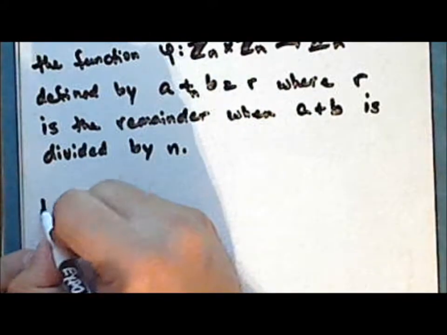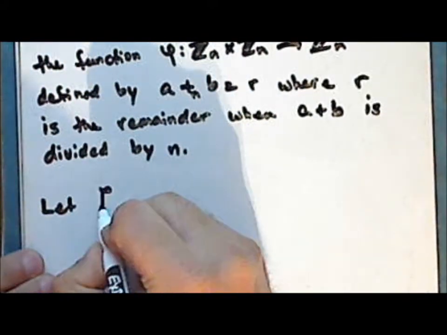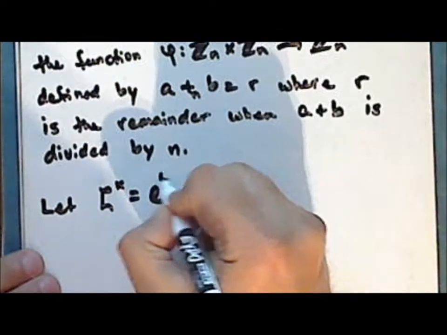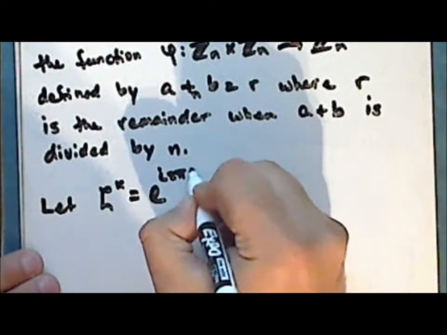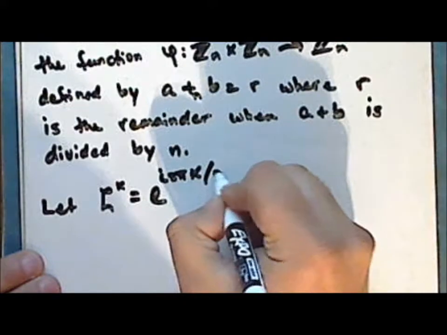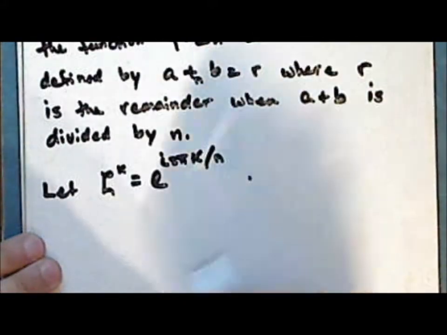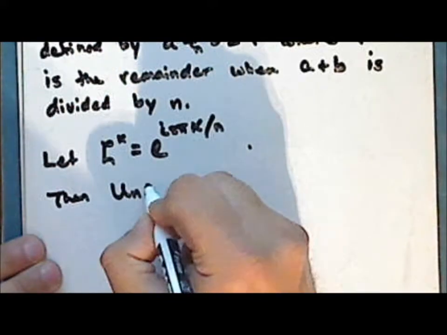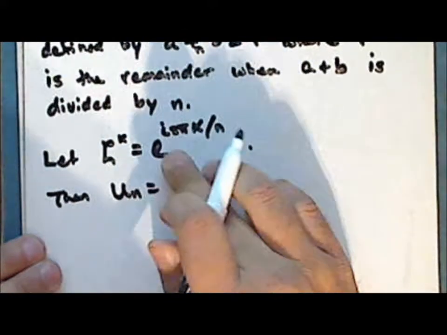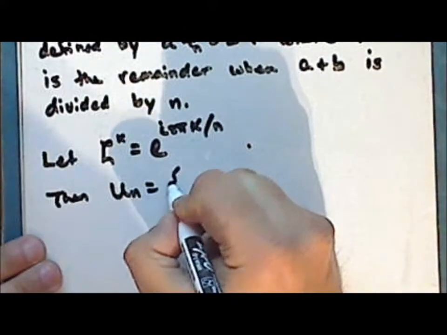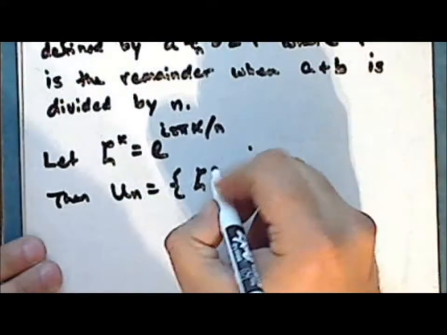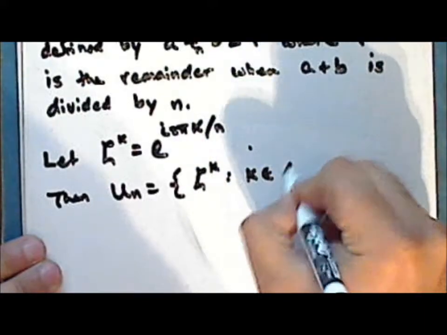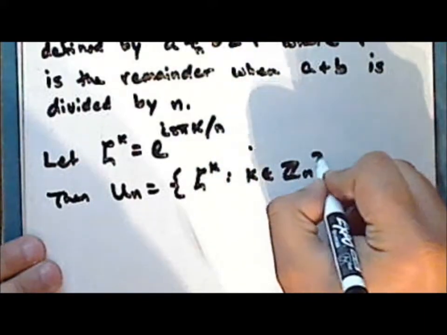Now, let zeta to the power of k be the number e to the power of i times 2 pi times k, all of which is divided by n. Then the set of nth roots of unity can be expressed as the set containing these numbers zeta to the power of k, where k is an integer mod n.